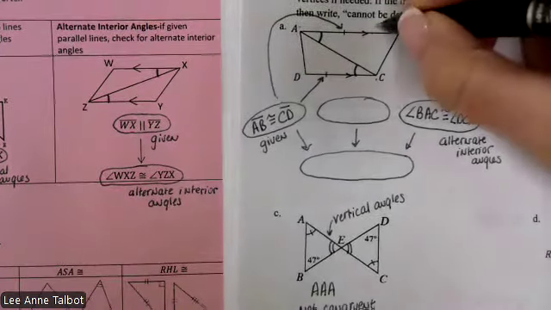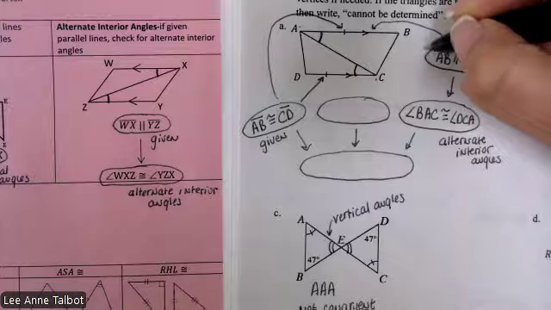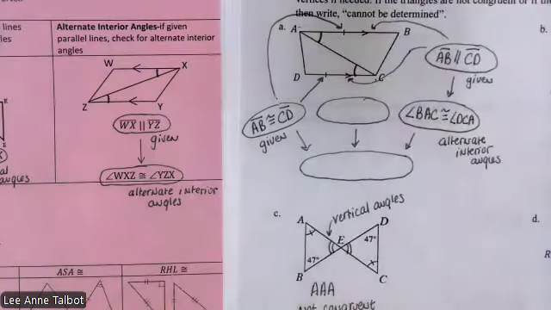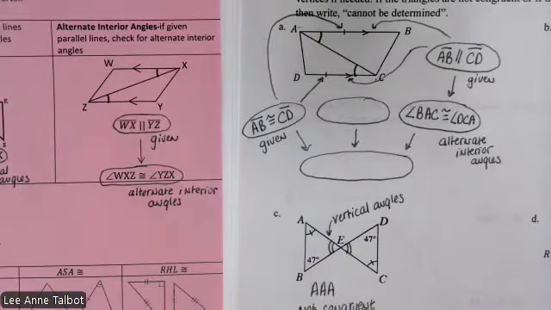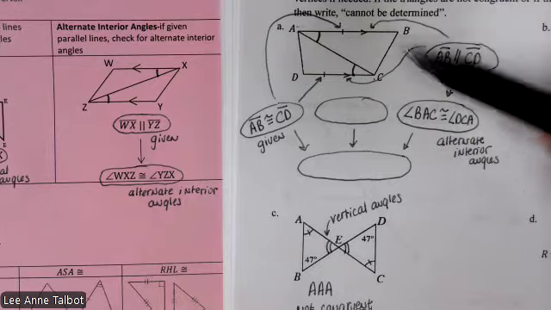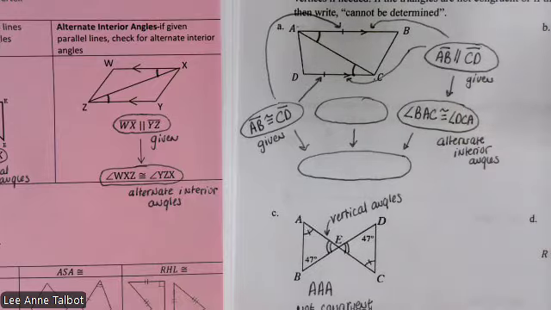And this is because of this and this. So I really want to be clear. The arrows mean parallel. The tick marks mean congruent.